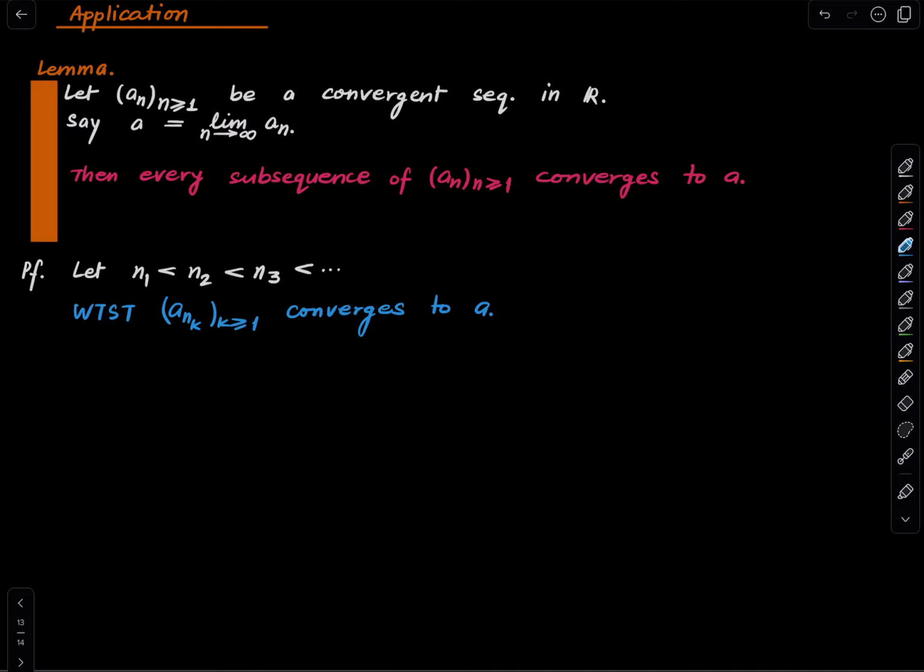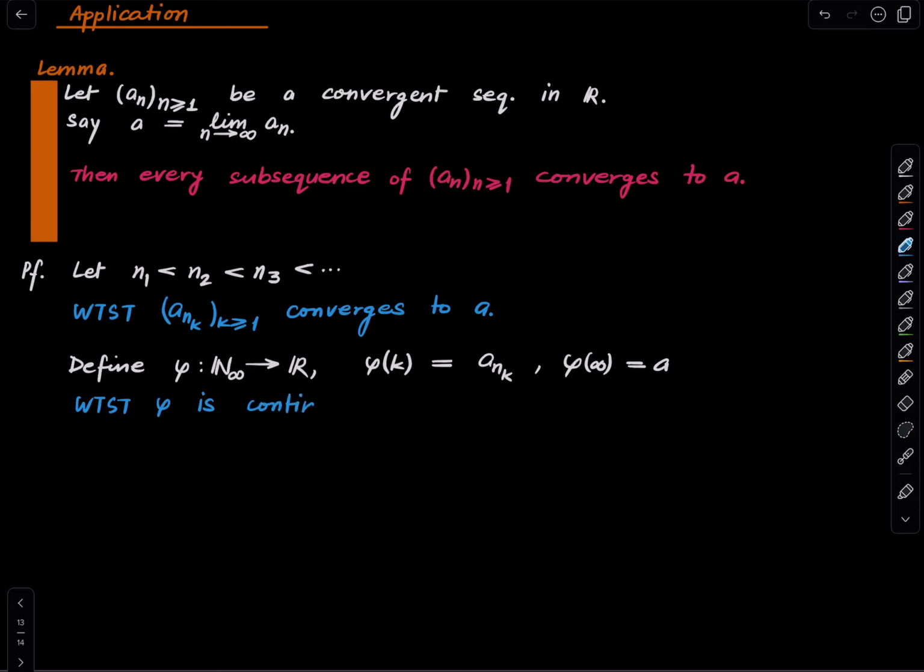And recall by what we just did, if we define phi from the naturals with infinity to the reals as phi of k equals a_{n_k}, and phi of infinity as A, we just want to show that phi is continuous. Right? We just proved this. That convergence of this sequence to A is as good as continuity of this map. Which map? Which takes k to a_{n_k} and infinity to A. So this is what we want to do.